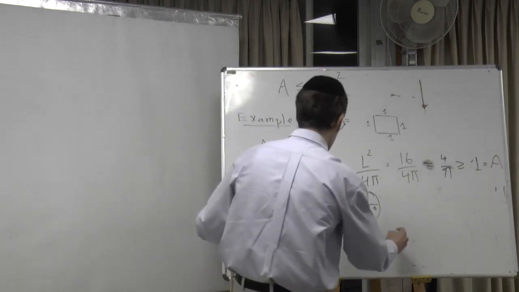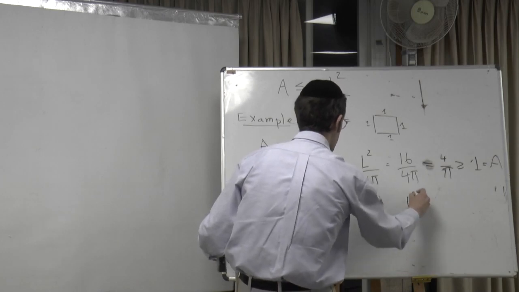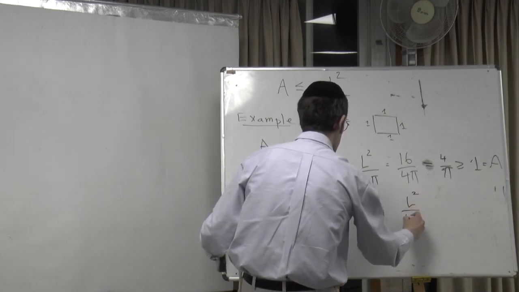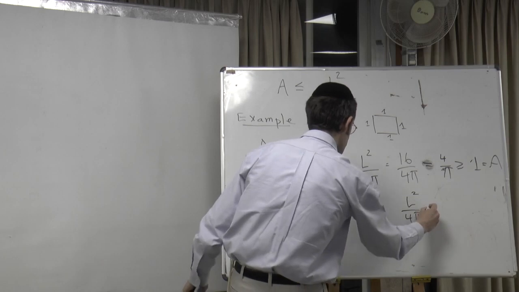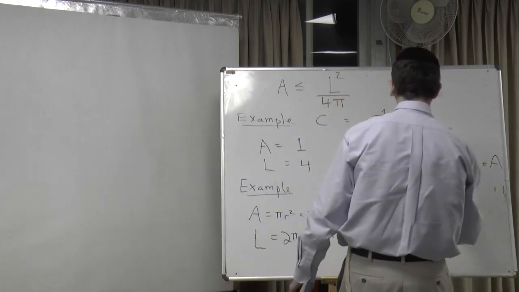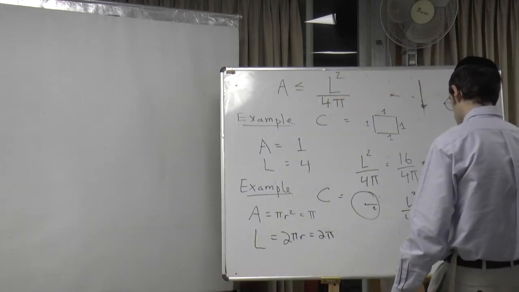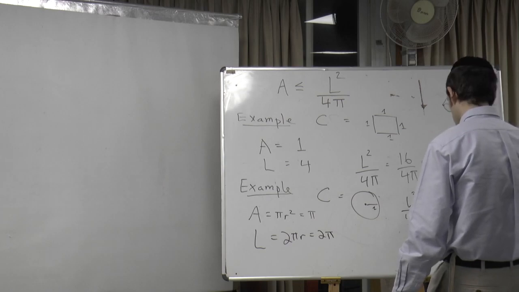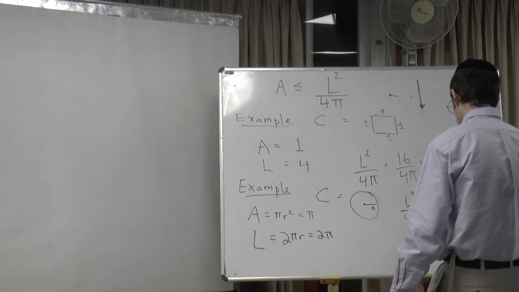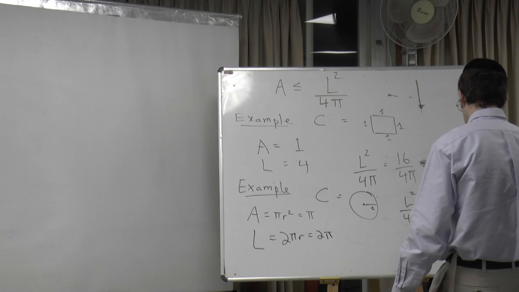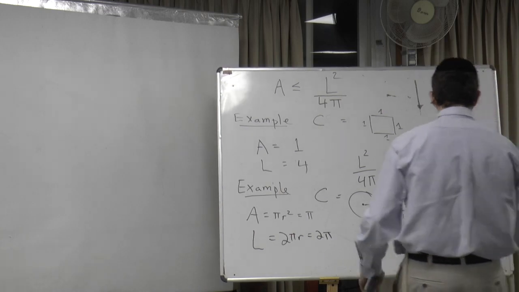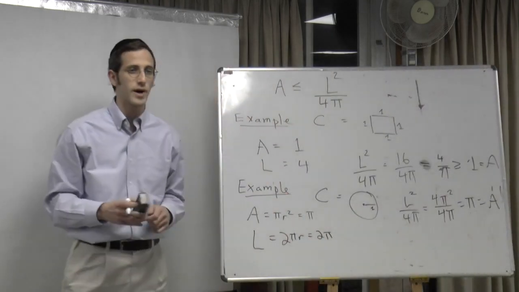And then you take L squared over 4 pi, that's equal to 4 pi squared over 4 pi, which is pi, which is exactly equal to A. So in this case, instead of having inequality, you have exactly equality.